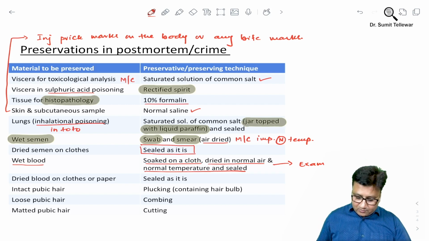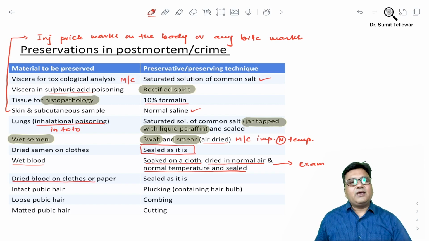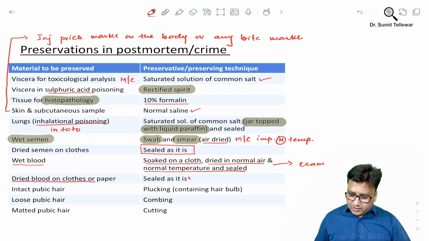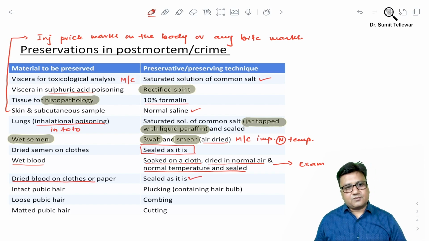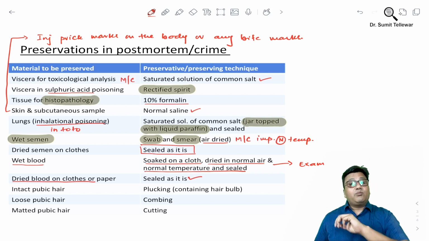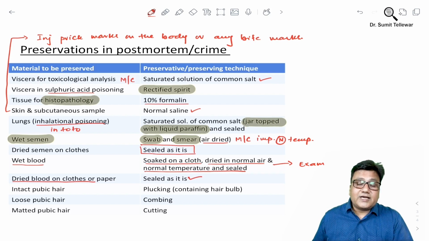How about dried blood? If you have found dried blood on cloth or any paper material, then it is already dried. You simply seal it as it is. Now coming to the last 3 but very important sealing materials that may be seen in cases of examination of a sexual assault victim.